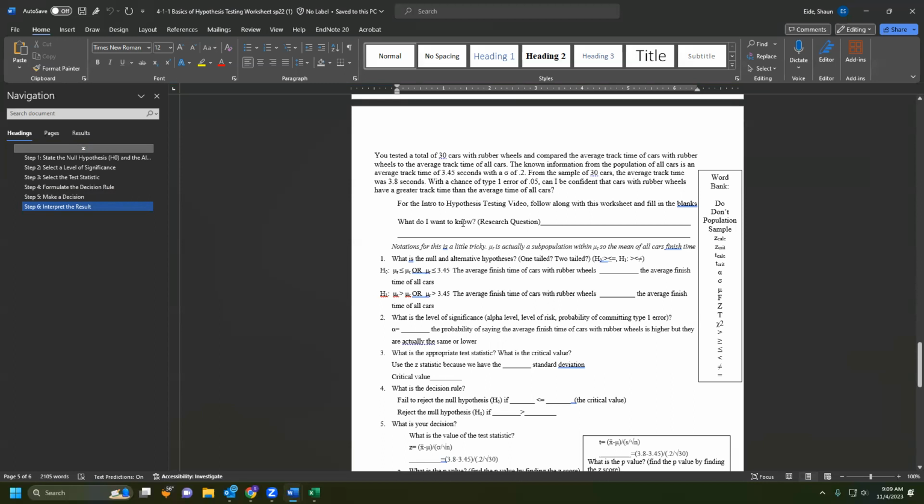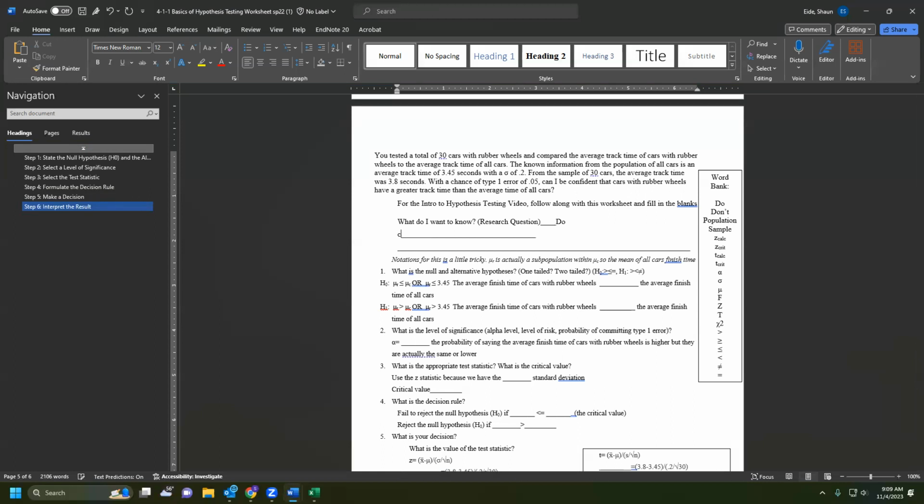So the first thing that we've got to do is look at what I want to know. What's the research question? The research question is basically what we have right here: do cars with rubber wheels have greater track times than the average track times of all cars?